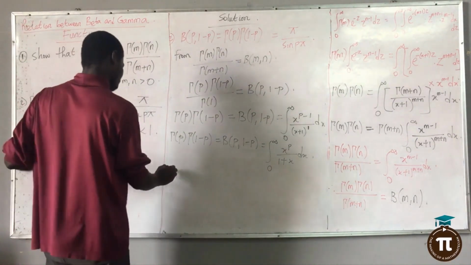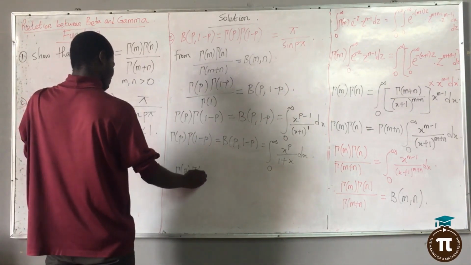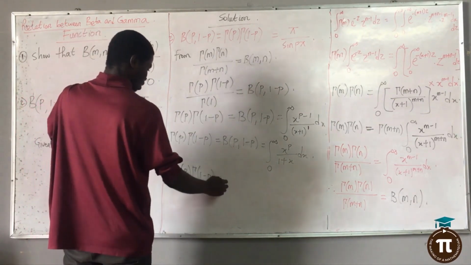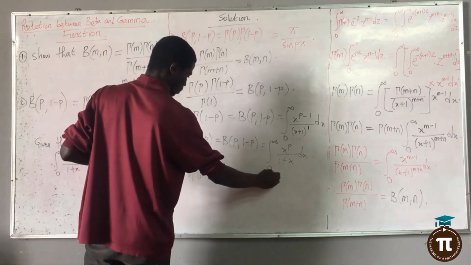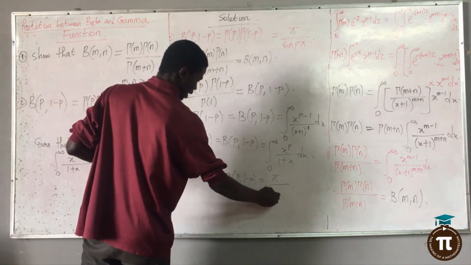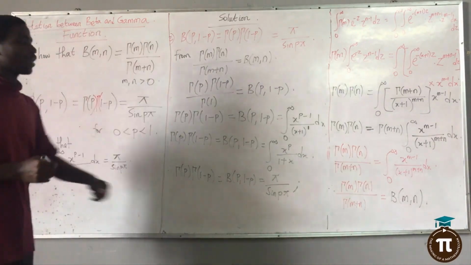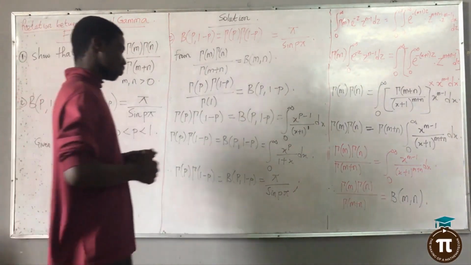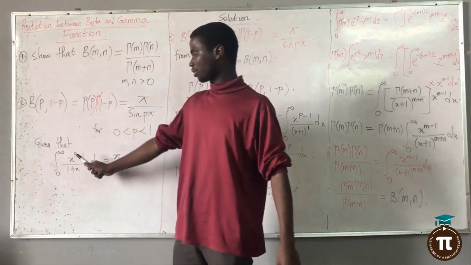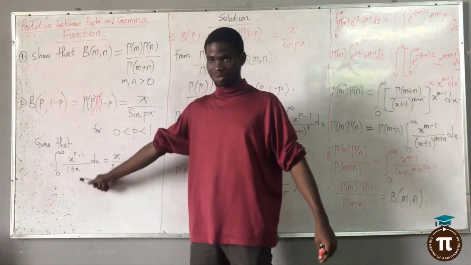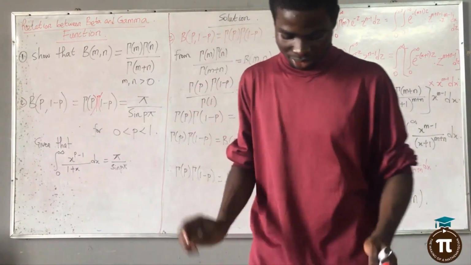So therefore, gamma of p, gamma of 1 minus p, which is equal to beta of p comma 1 minus p, equals pi over sine p pi. That is what we have. That is the solution to the second one. So later we will show how the integral from 0 to infinity of x raised to the power of p minus 1 all over 1 plus x dx equals pi over sine p pi. We are going to do that next time.